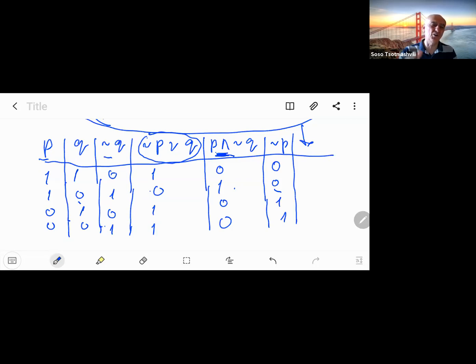Like to be or not to be, always true, tautology. So when the professor asks agree or disagree, you can always answer yes. Or you can say, please, your question is not correct. It's a tautology, it's always true.